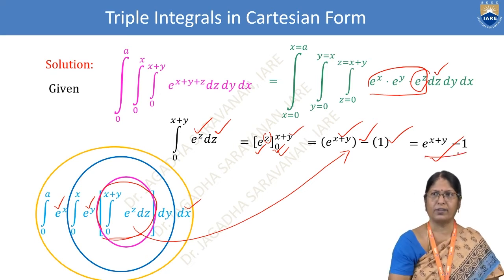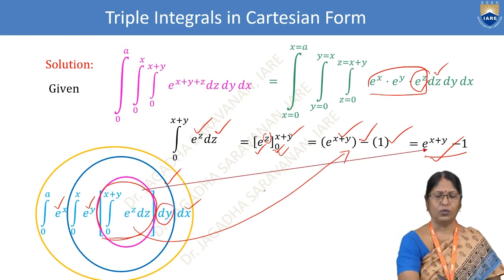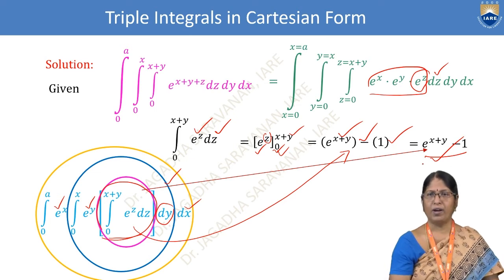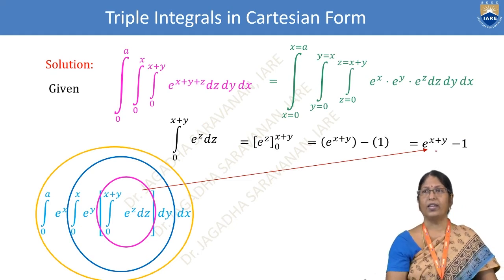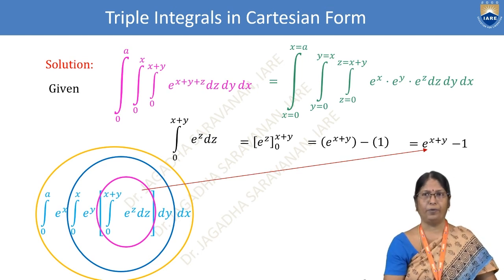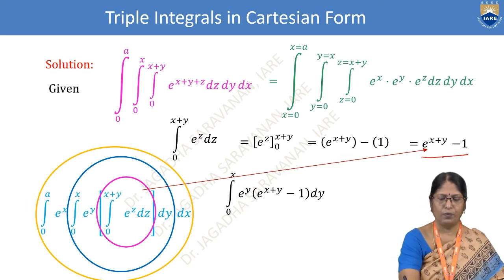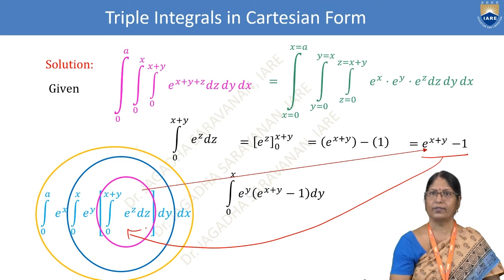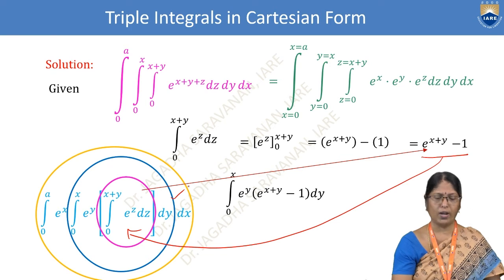With this result, we will move towards our middle integration with respect to y. The animated arrow mark shows that the innermost integration result is e power x plus y minus 1. We substitute this result in this place and concentrate on the middle one.